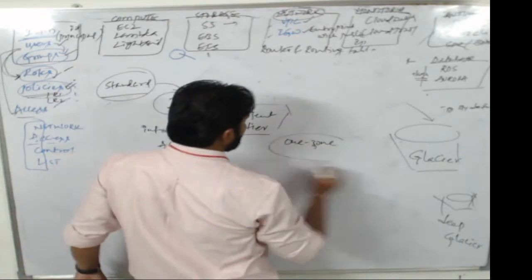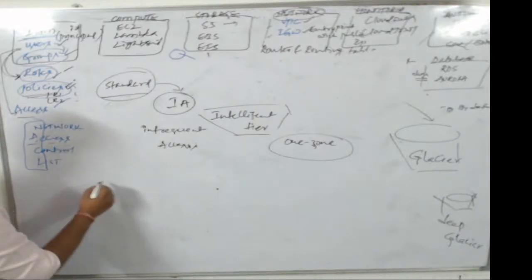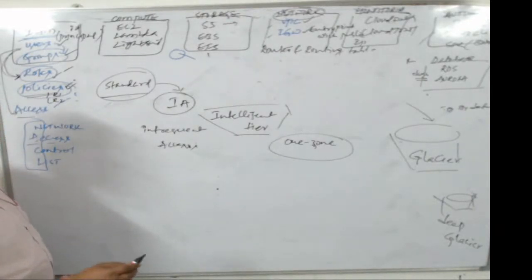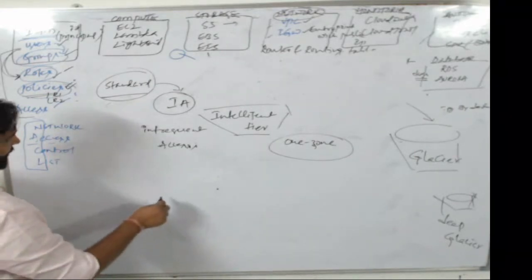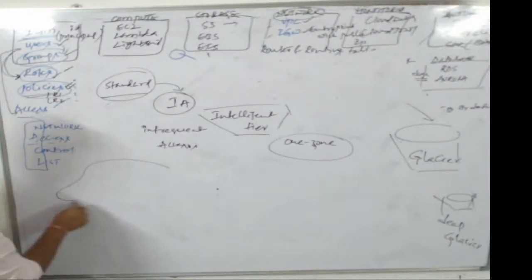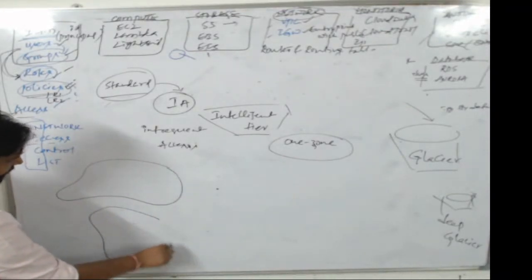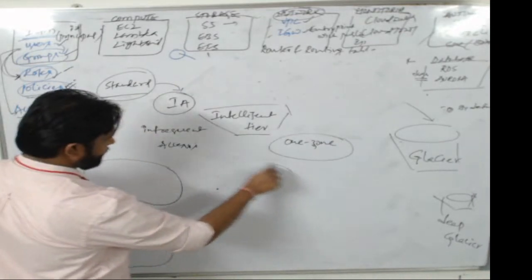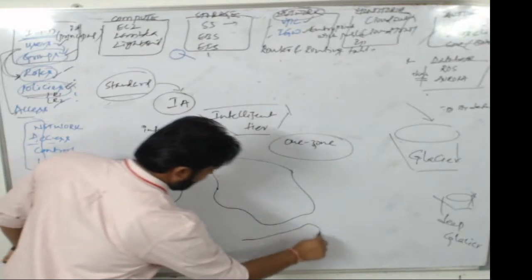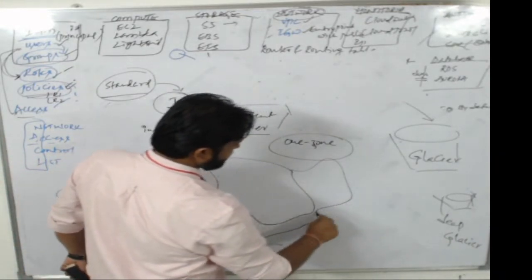Then one zone. AWS is usually divided into regions. Now let's look at the world map. Who knows the world map? West, North America, South America, Europe, Africa, Middle East.